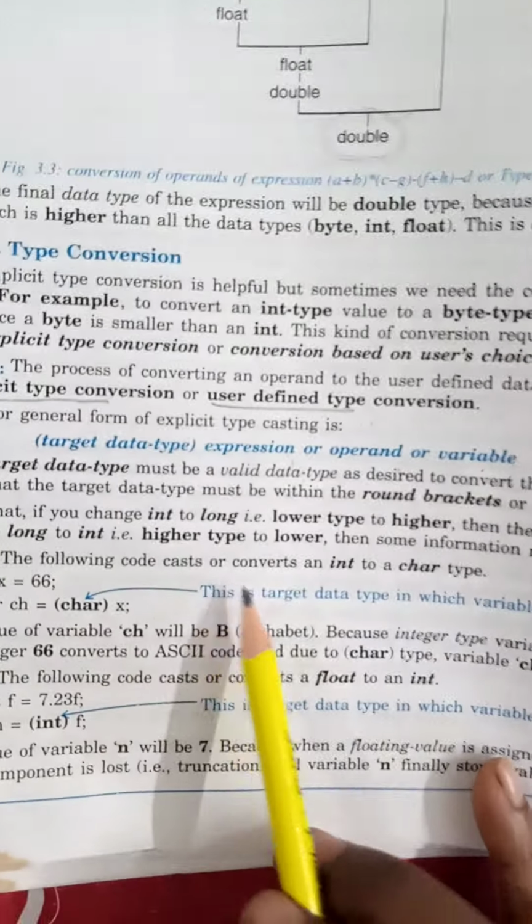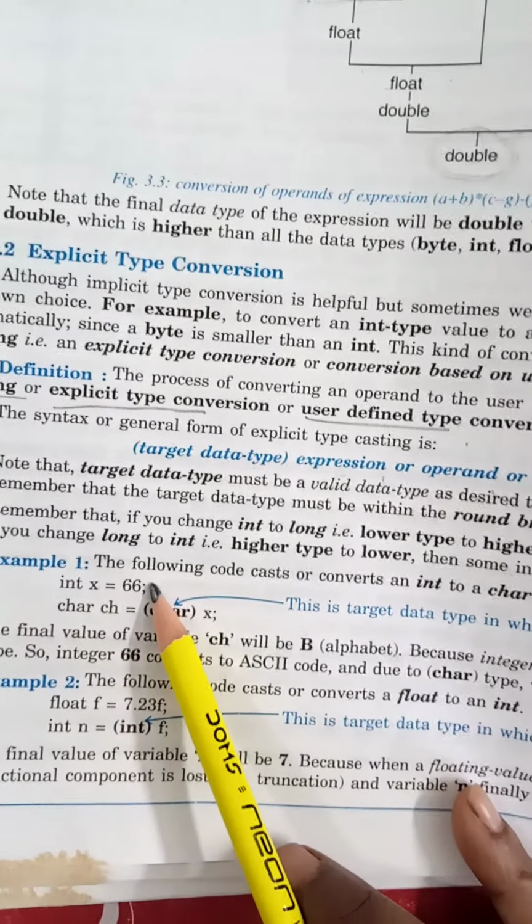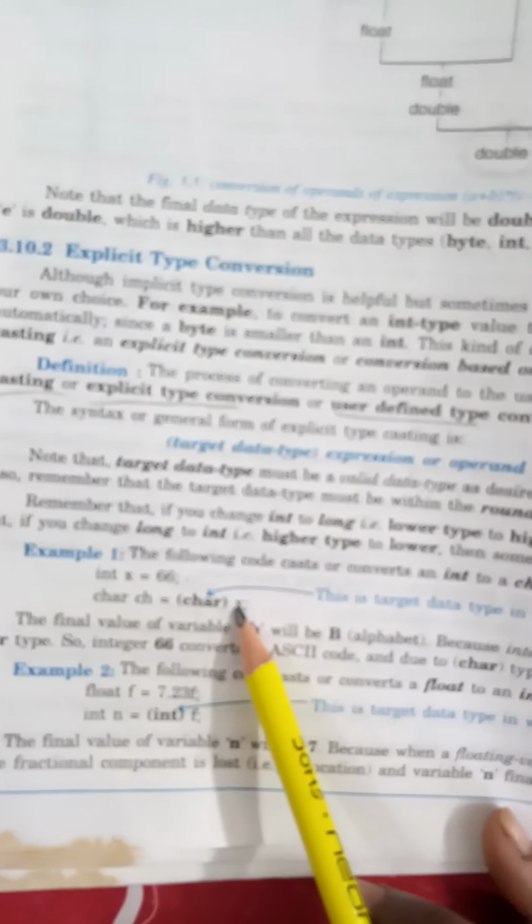A few examples are given. The following code casts an integer to a char type like this: int x equals 66, then ch equals (char) x.